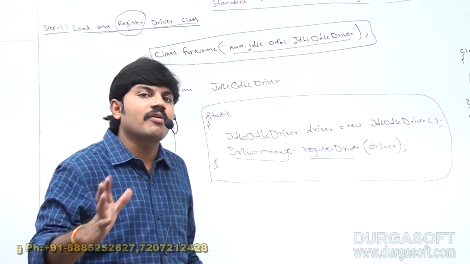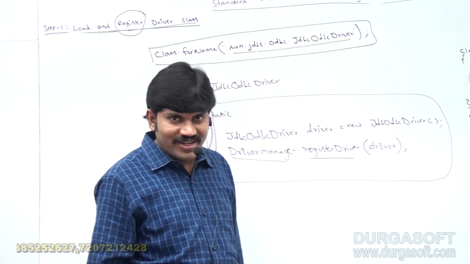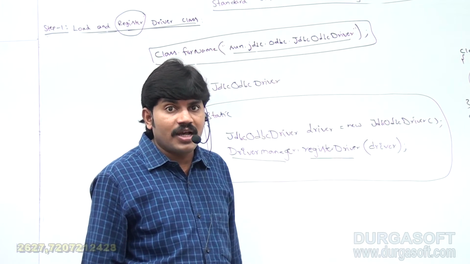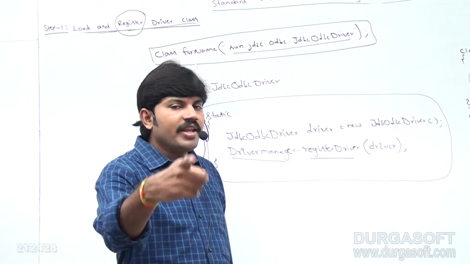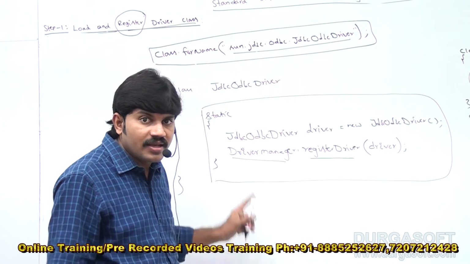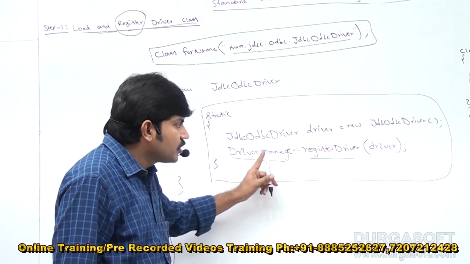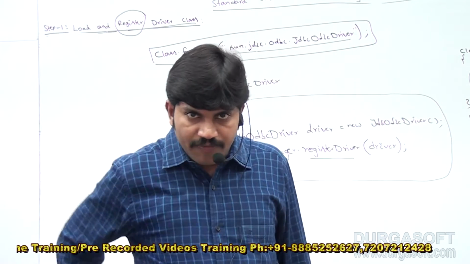We are not required to perform this registration explicitly. Everyone can understand, right? Some people may ask: you just loaded by using Class.forName, but where is the registration? Whenever we load the driver class, the static block inside it is responsible for registering this driver with the driver manager. Clear for all of you?